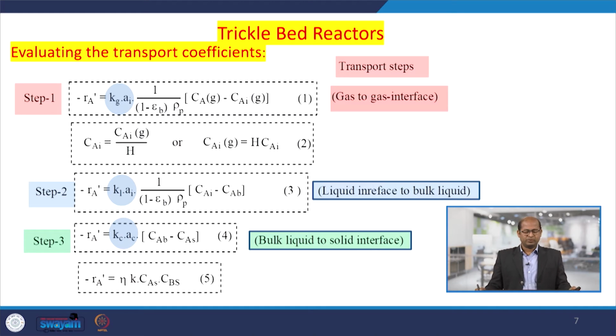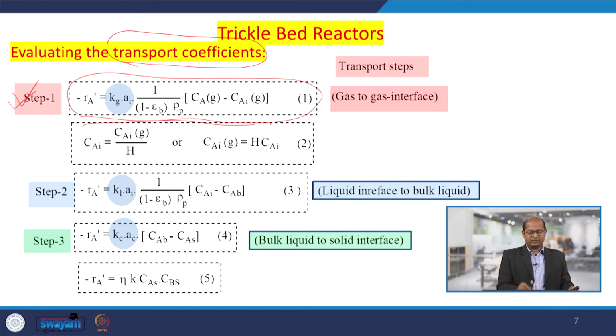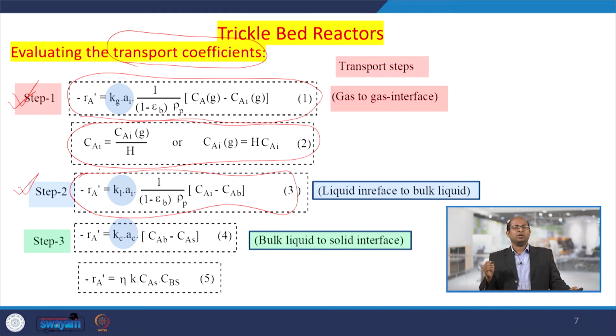Now, evaluating the transport coefficient, or mass transfer coefficient. Step 1, we have discussed these rate equations and derived them in our previous class. In step 2, the transfer of component A from the liquid interface to the bulk liquid, we have derived these equations. For step 3, from the bulk liquid to the surface of the catalyst, we also derived these equations in our previous class.